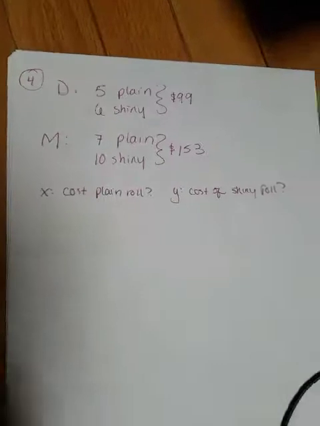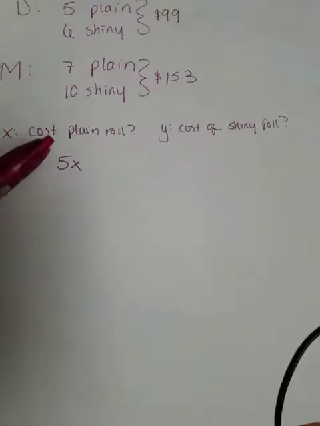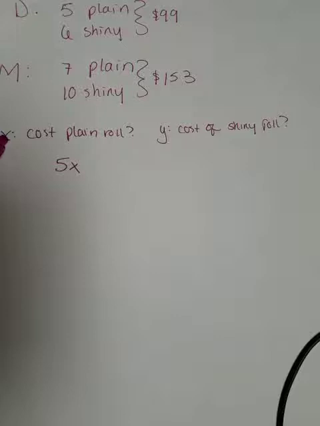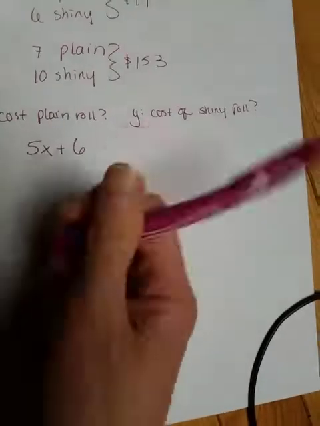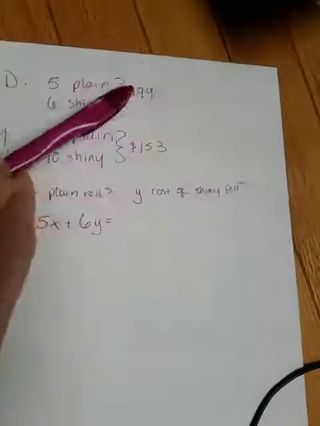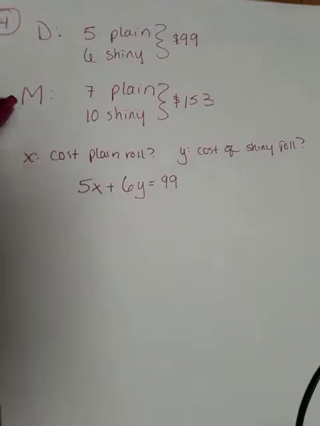Okay, so Dan had 5 plain, so that's going to be 5x because I let plain be x. Plus, he sold 6 shiny, so it's going to be 6y because I let y be shiny. And they said the total amount of money was $99. So that's Dan's equation. M is Mary, I believe.